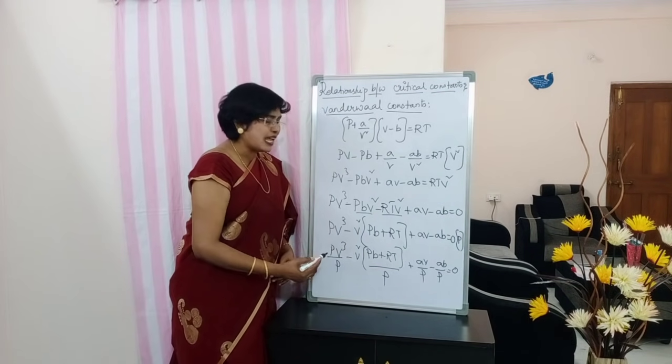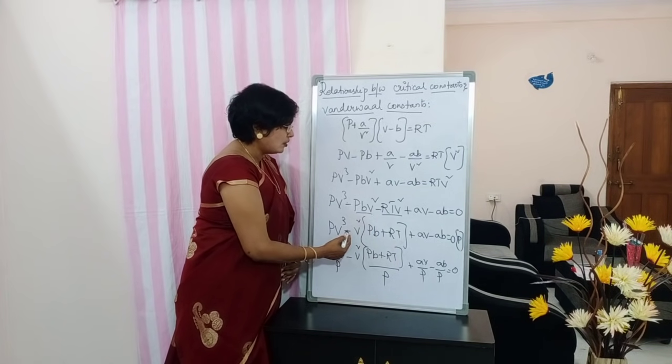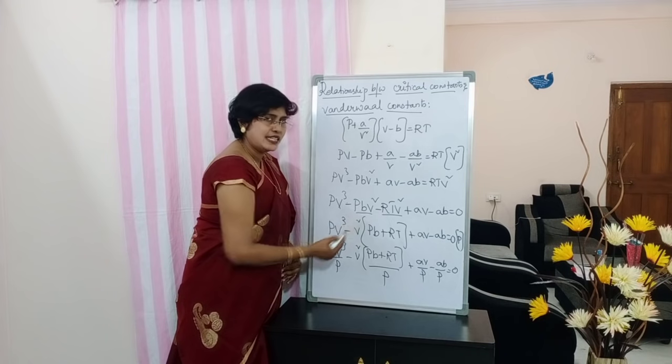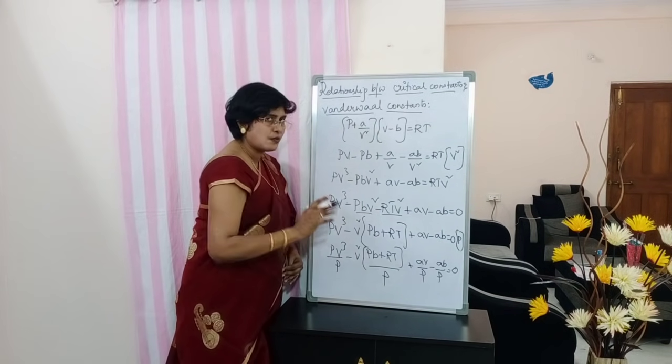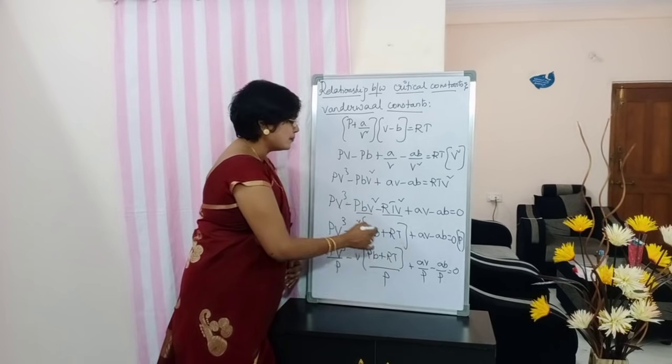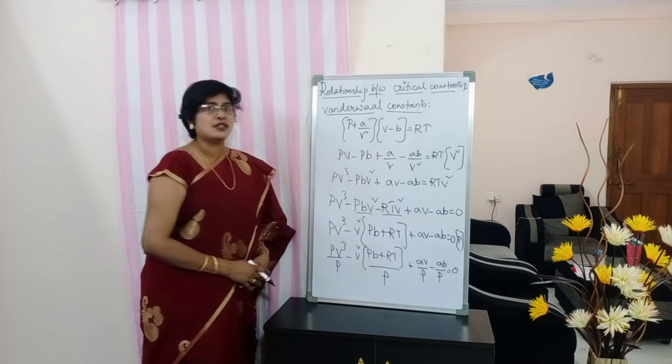Pb plus RT. So here there is minus, no? Okay. So minus into plus is minus, right? So you should be very careful. So plus aV minus ab is equal to 0.